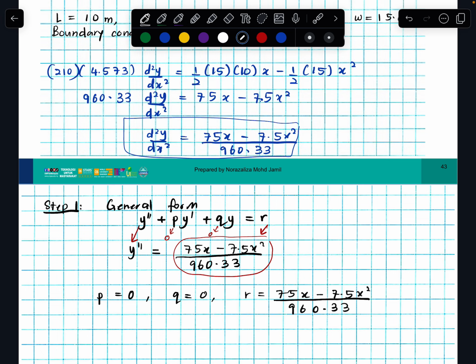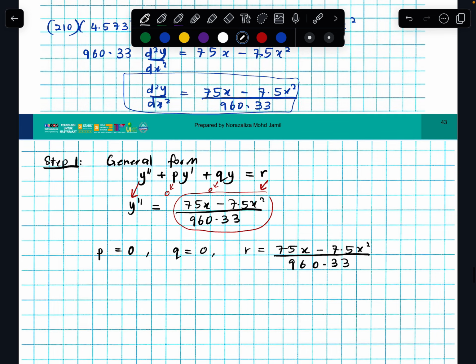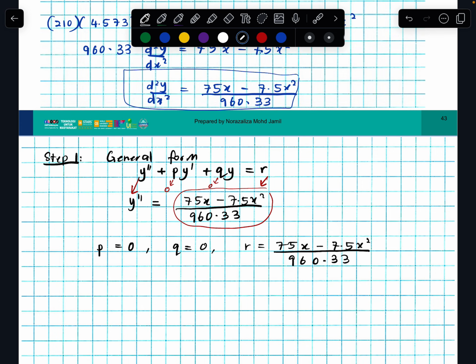So this is the application problem. Now we do the following step. Step 2 is identifying P, Q, R.